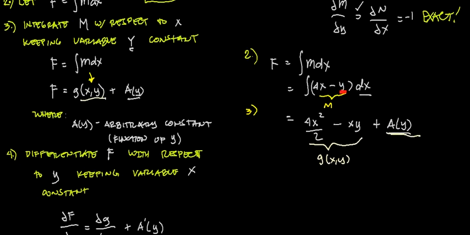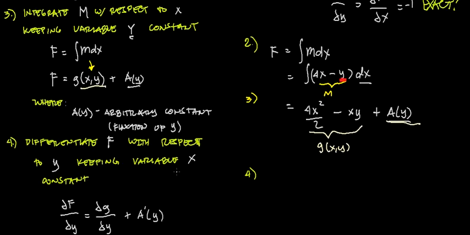Then for step 4, it says to differentiate f with respect to y, keeping variable x constant. Last time we integrated M with respect to x, keeping y constant, and for this fourth step we need to differentiate.